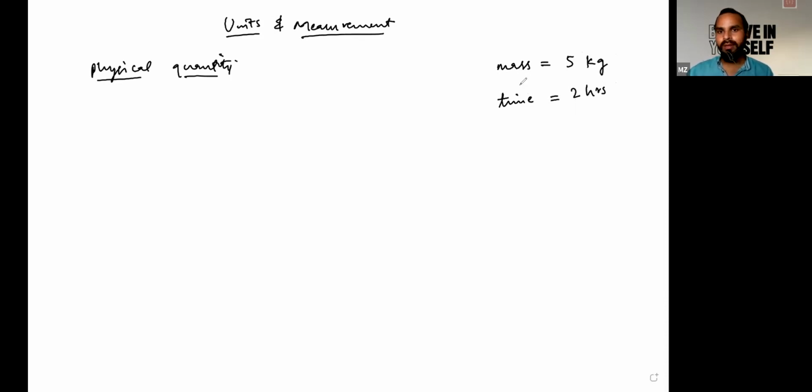So we define any physical quantity as one that is expressed in terms of some numerical value and for which a specified unit is defined for that particular measurement. But terms like feeling, emotions, hunger, if I tell you, can you define any numerical value or specified unit for the measurement of these things?